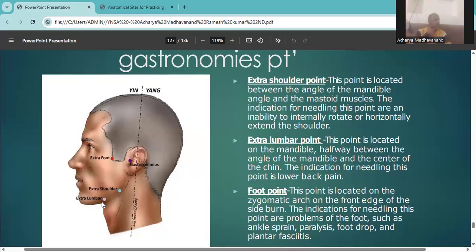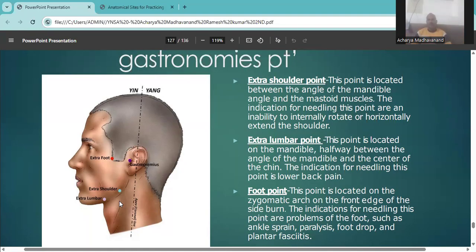When you go on this point, there is a notch. You find a notch. On that notch, you put needle. This is very good point for back pain.